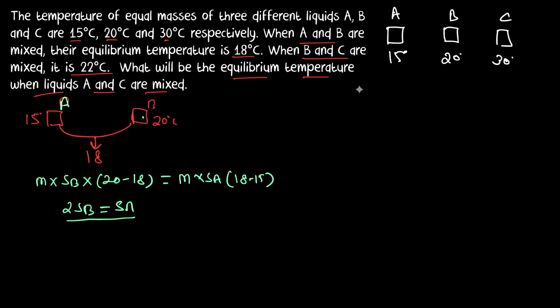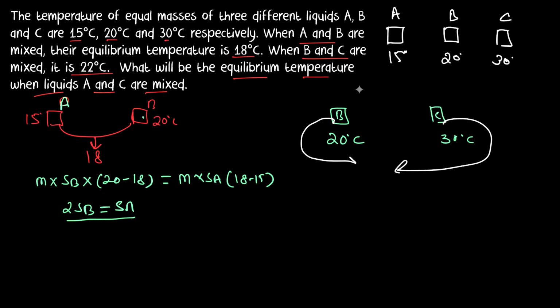Alright. Now we are mixing B and C. So this is B and this one is C, and B's temperature is 20 degrees Celsius, C's temperature is 30 degrees Celsius. Now when we are mixing these two, the equilibrium temperature becomes 22 degrees Celsius. Means C will lose heat and B will gain heat. So what is the heat loss by C?